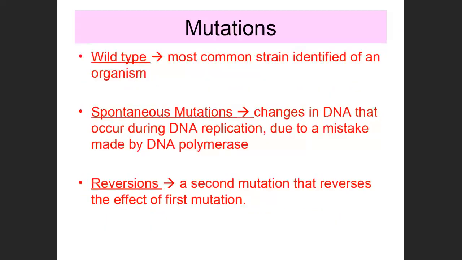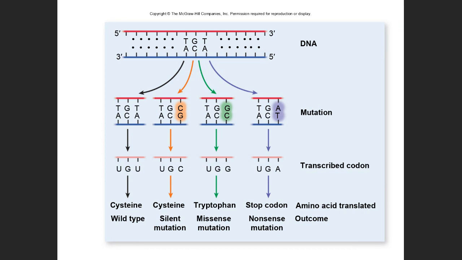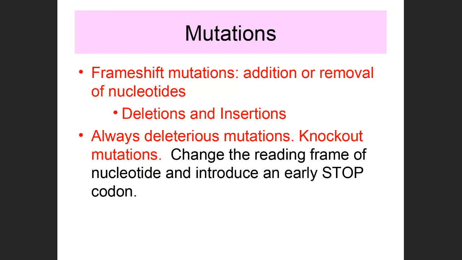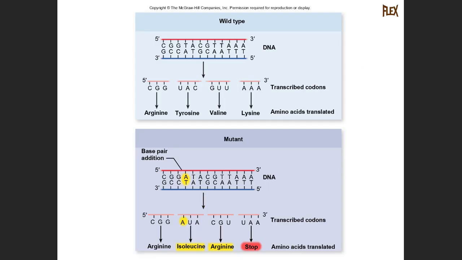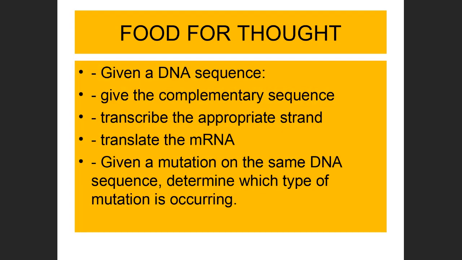We talked about the different types of spontaneous mutations: silent mutations, missense mutations, and nonsense mutations, and frame shift insertions and frame shift deletions. We talked about transposons a little bit.